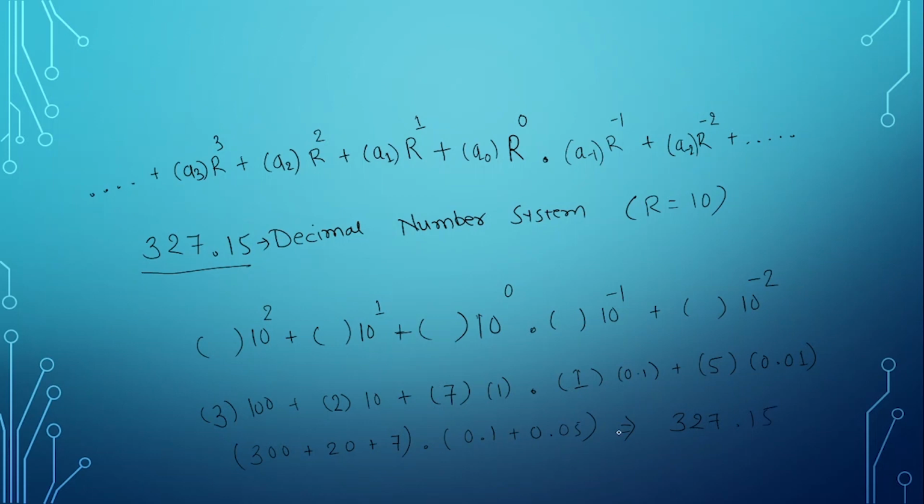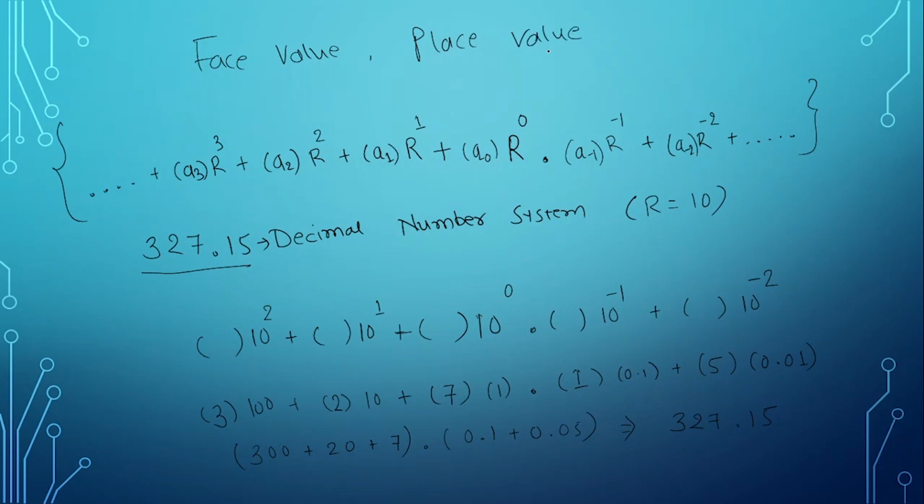And finally you will have 327.15. So any combination of 3, 2, 7 and 1 and 5 does not mean 327.15. Every combination of characters must follow this generalized rule to form any number. Now you might be aware that the concepts of face value and place value are very fundamental, and are covered in the lower standards of either primary or secondary schooling, I think.